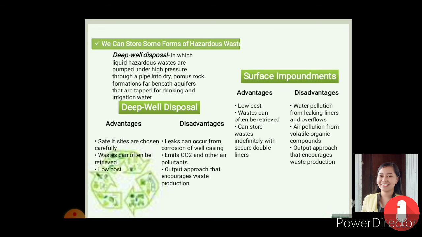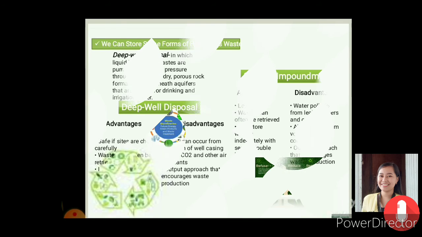The surface impoundment advantages: low cost, waste can often be retrieved, and it can store waste indefinitely with secure double liners. The disadvantages are water pollution from leaking liners and overflows, air pollution from volatile organic compounds, and an output approach that encourages waste production.